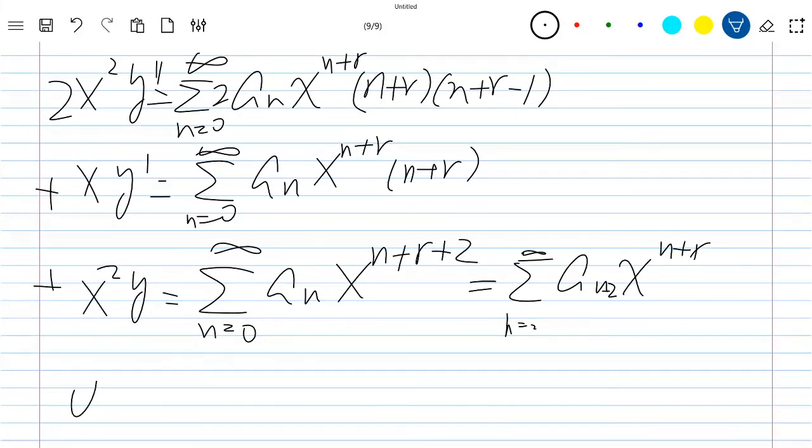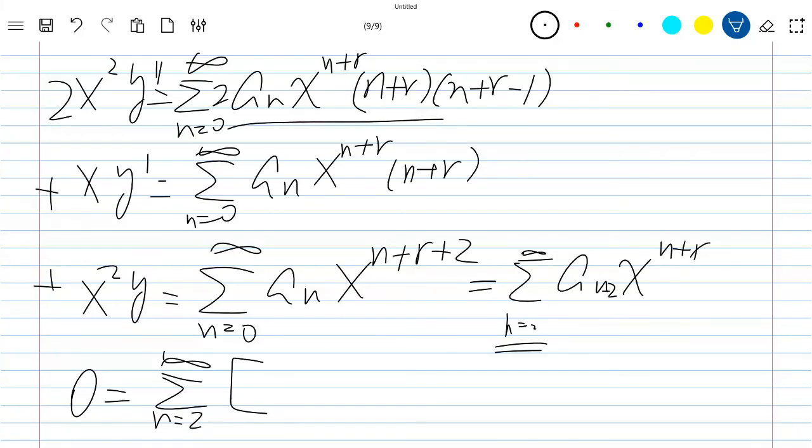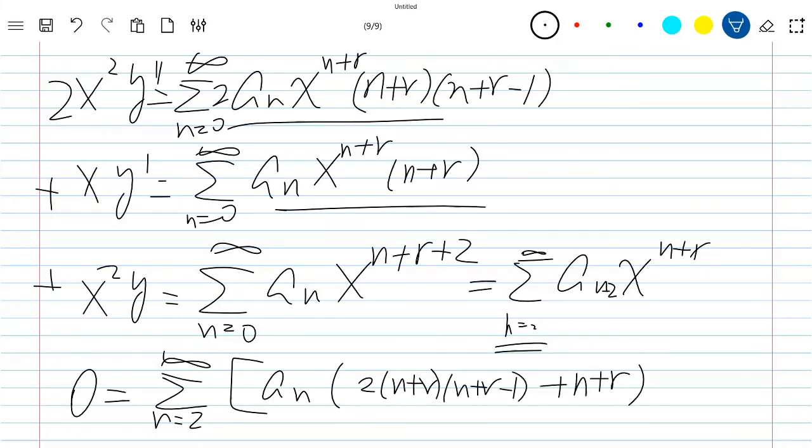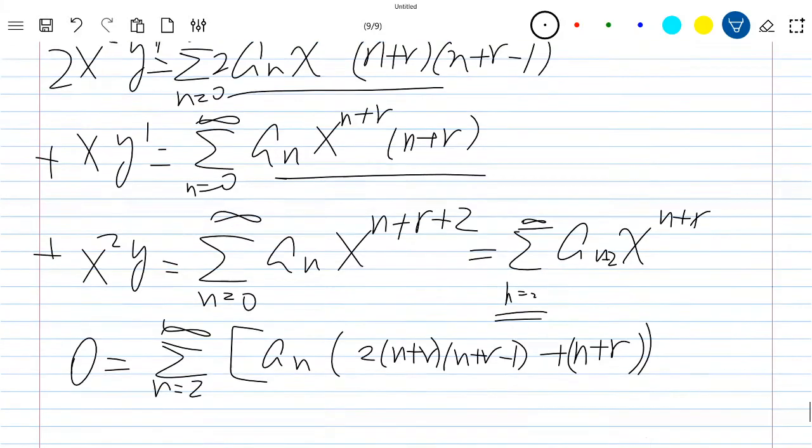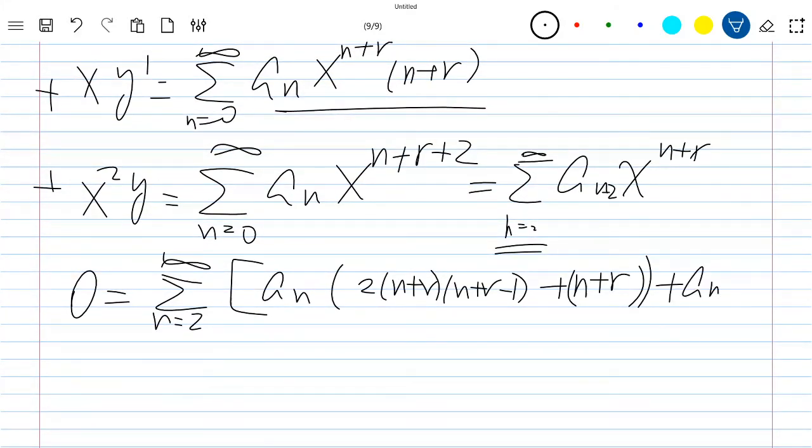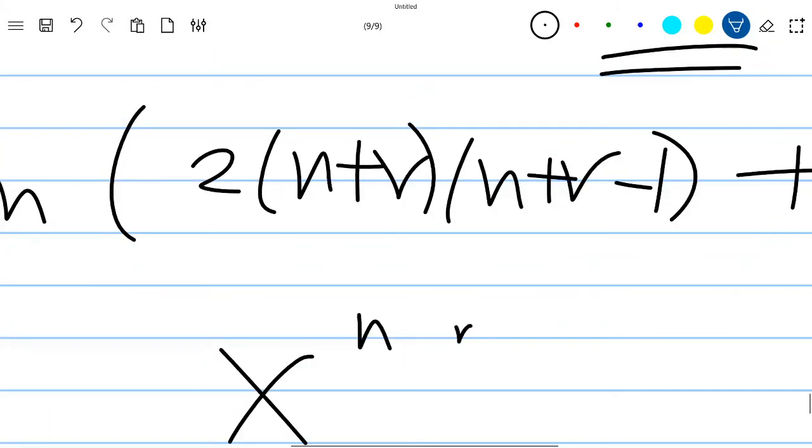So you get 0 equals the sum from n equals 2 to infinity, and add up this term and that term. So you have a n times (2(n plus r)(n plus r minus 1) plus n plus r), plus a n minus 2, x to the n plus r.